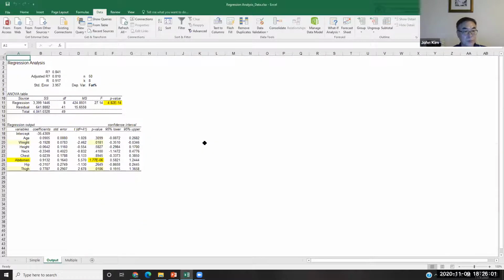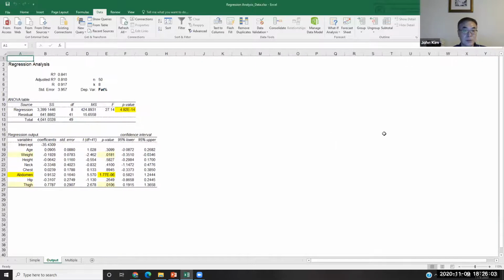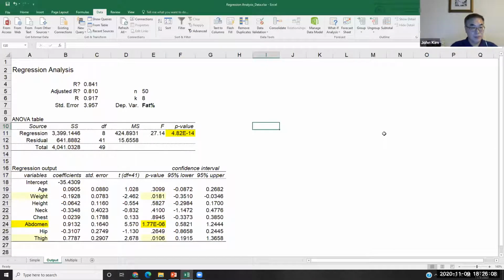And the output looks like this. Using multiple regression and Megastat, from the output we can develop the equation: y equals the intercept, negative 35.43.